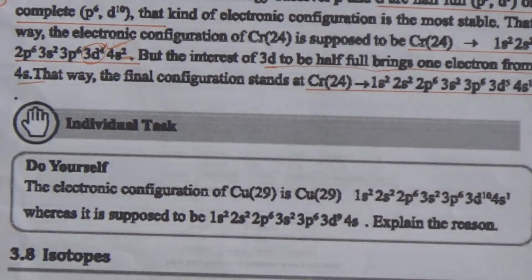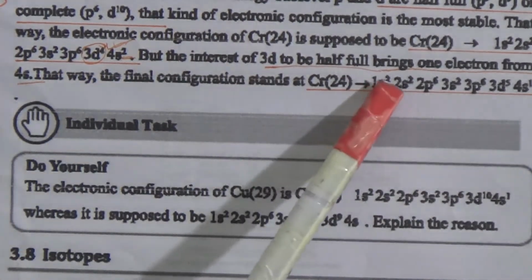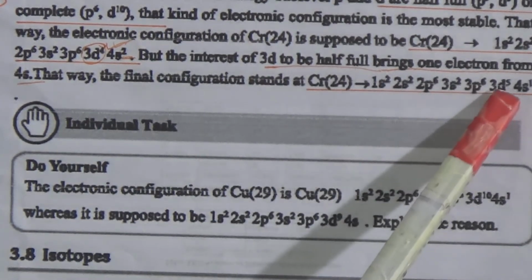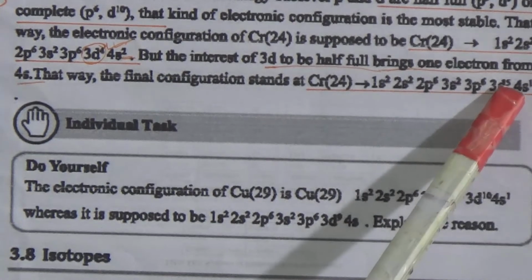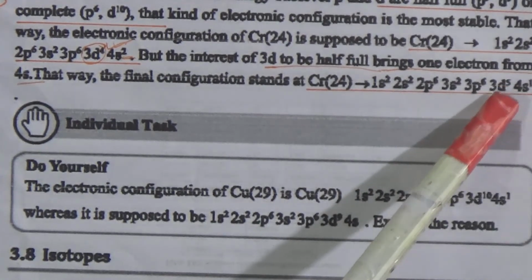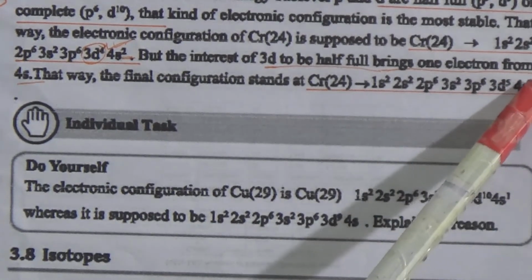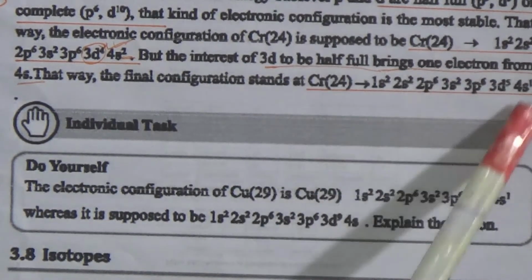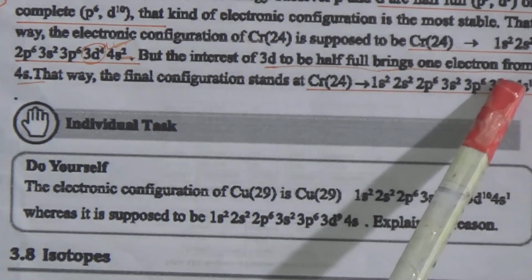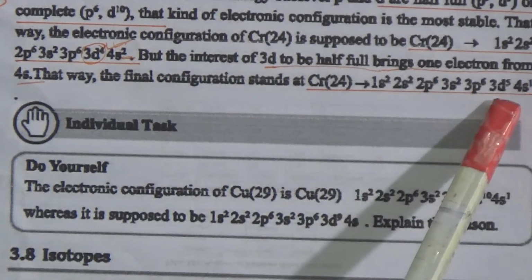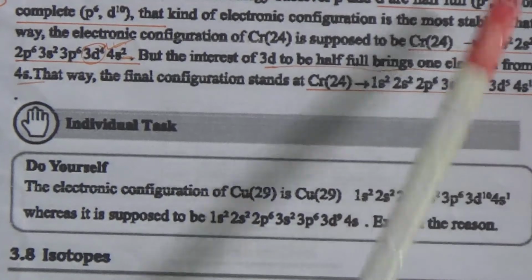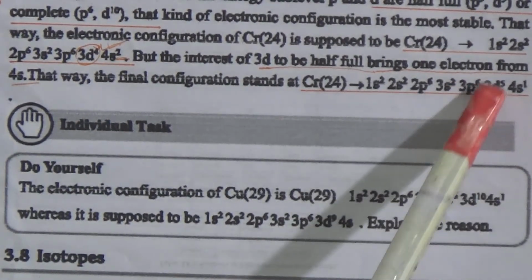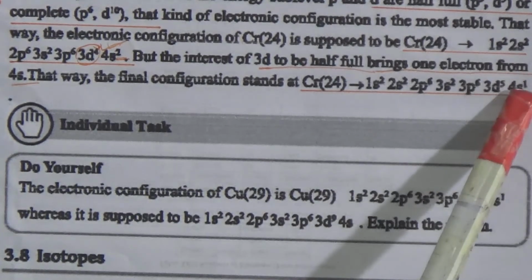So in chromium's electronic configuration, instead of 3d4, it becomes 3d5 and the 4s gets 1, and this is to make it stable. 3d4 is not stable, but 3d5 is stable. So it takes 1 electron from 4s, and it becomes 3d5 and 4s1.